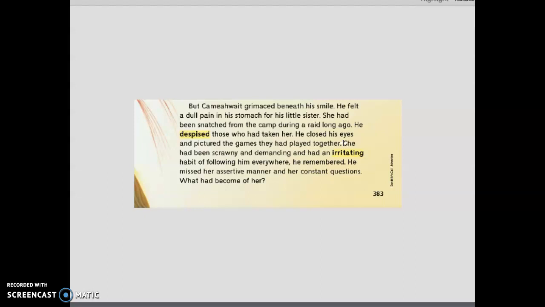So we know the denotation of the word. We're looking for the connotation. Okay? And we want to look at those clues that could help us figure it out. So we have, he missed her assertive manner and her constant questions.